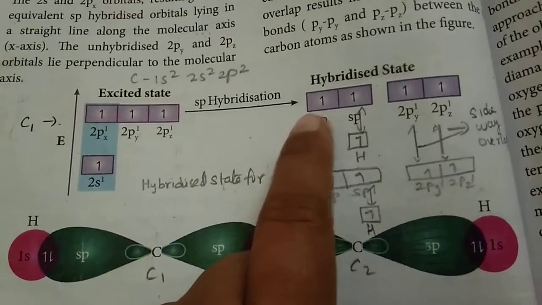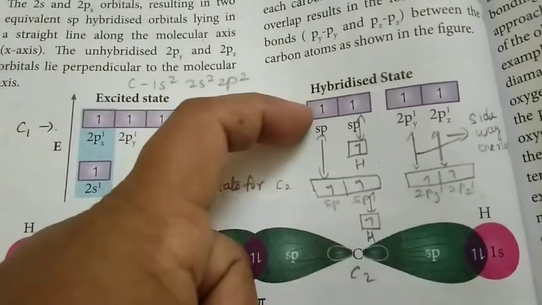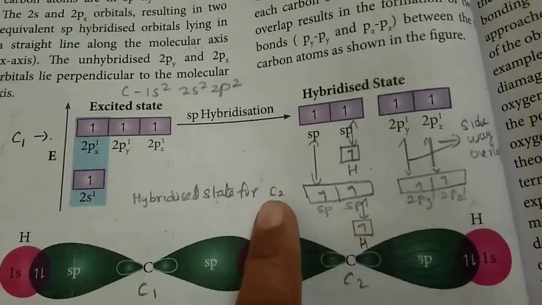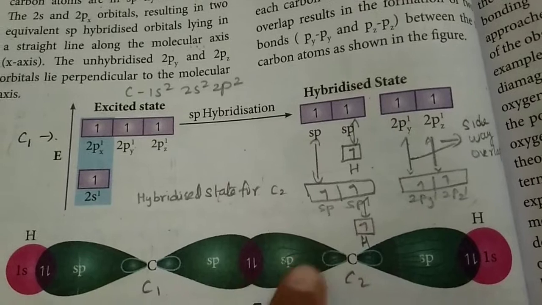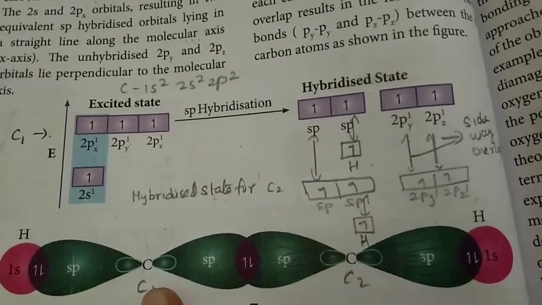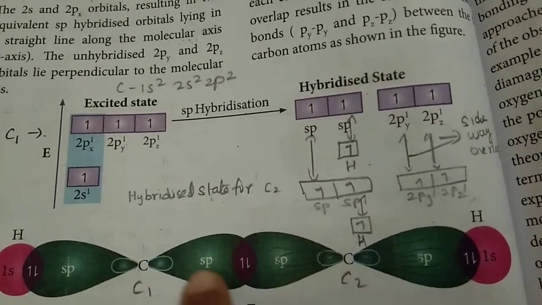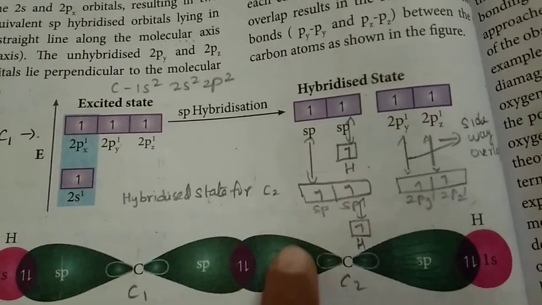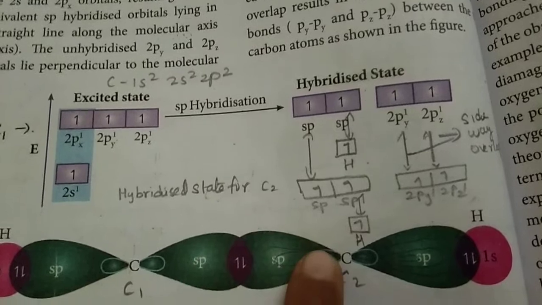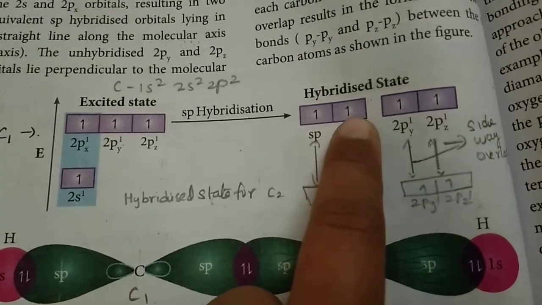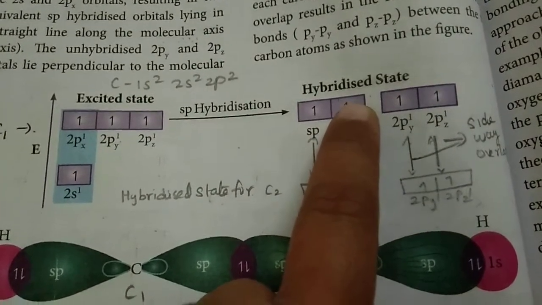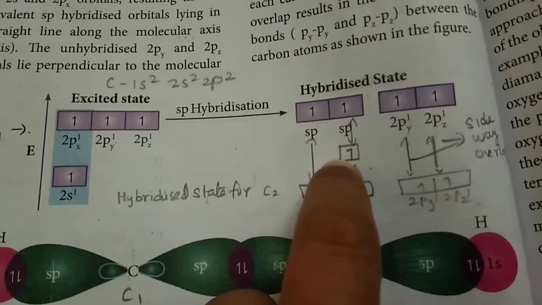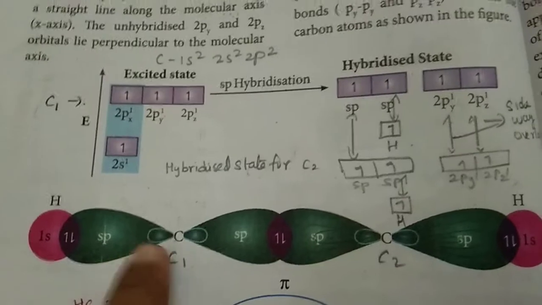Here the sp hybridized orbital of carbon 1 and the sp hybridized orbital of carbon 2 overlap forming one sigma bond. Then the sp hybridized orbital of carbon 1 overlaps with the 1s orbital of hydrogen forming one sigma bond.